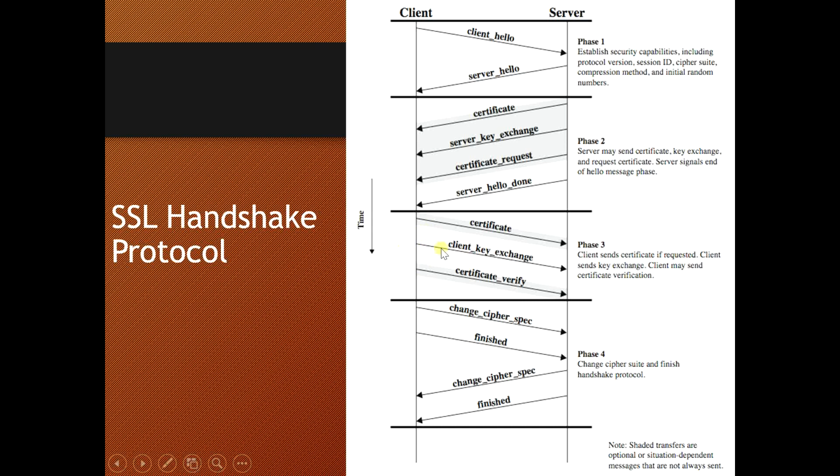In the third phase, the client will send its certificates to the server, whereas in the fourth phase, we will be generating the hash value, that is the client will authenticate the server and the server will authenticate the client, and then the entire handshake protocol, that is the complete authentication by the client and the server, will be completed. Now this is a simple explanation, but there is much more to this when we get into detail. So let us look into each of these phases in much more detail.